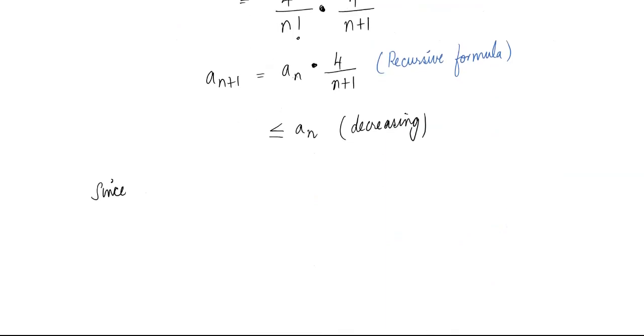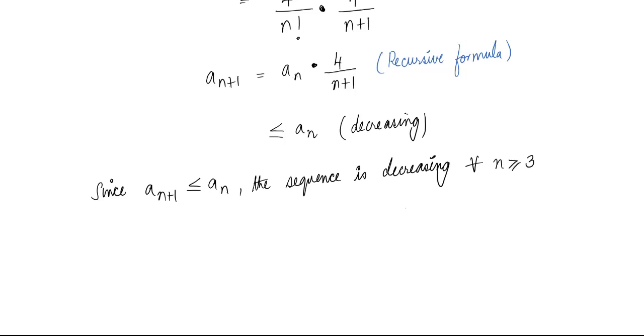So I'll say since an plus 1 gave this relation, is less than or equal to an, the sequence is decreasing for all n greater than or equal to 3.